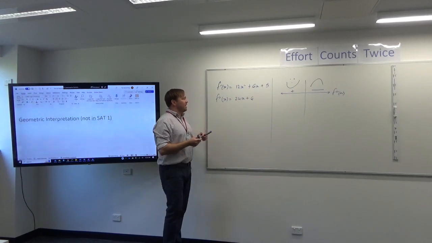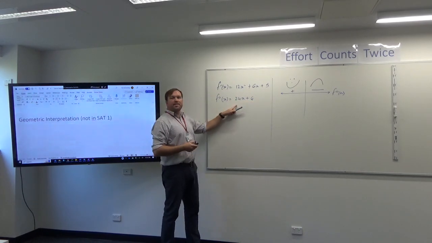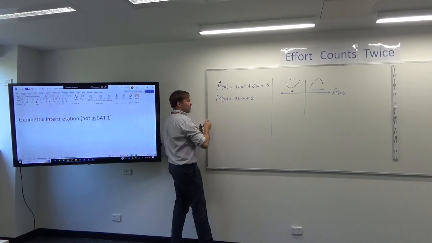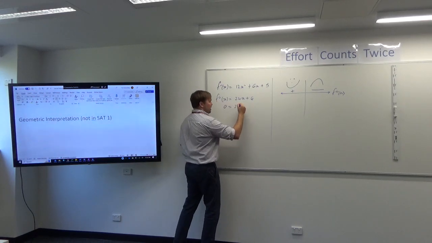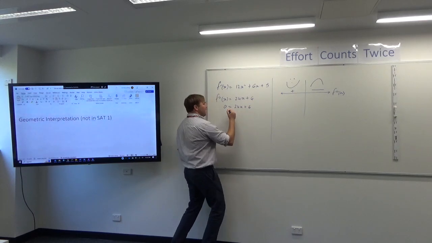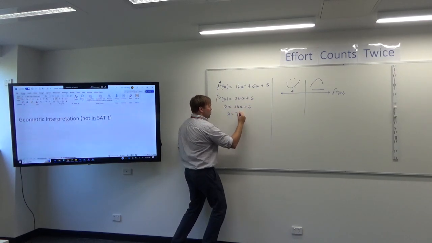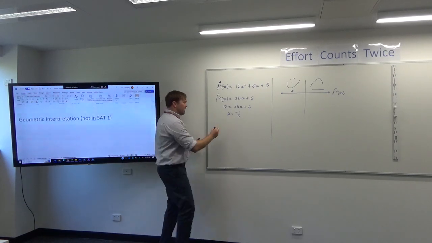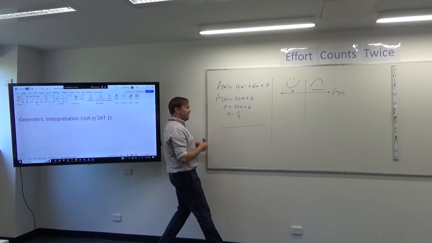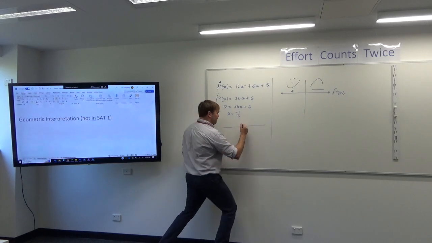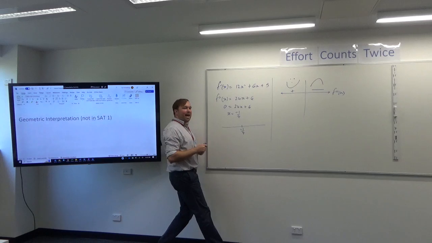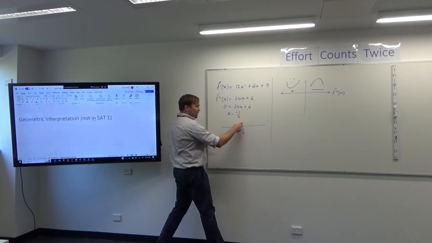So what this is saying here is, and this isn't strictly in the SAT, if I wanted to find when the second derivative is 0, I would say 0 is 24x plus 6. x is equal to minus a quarter. What that would imply is the graph is going from happy to sad about this point.